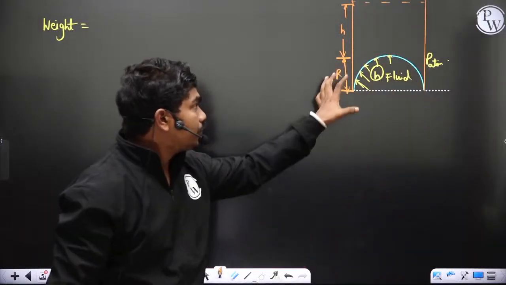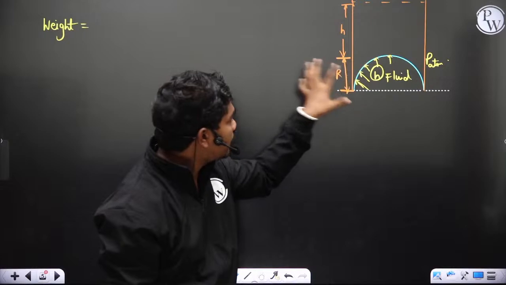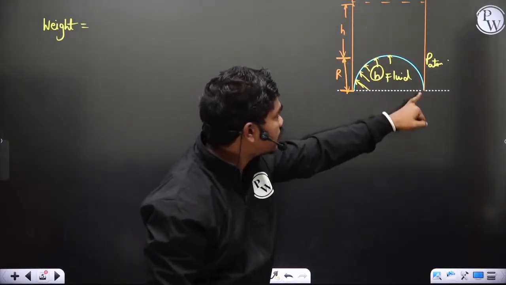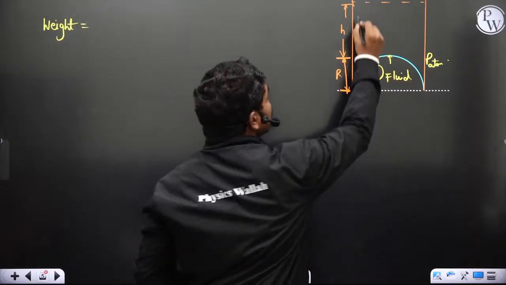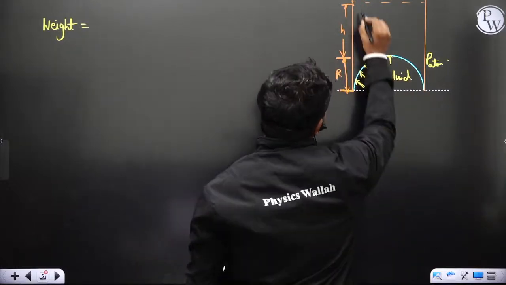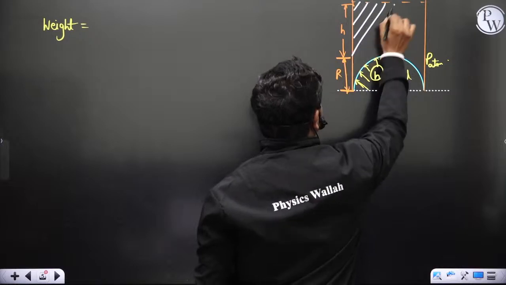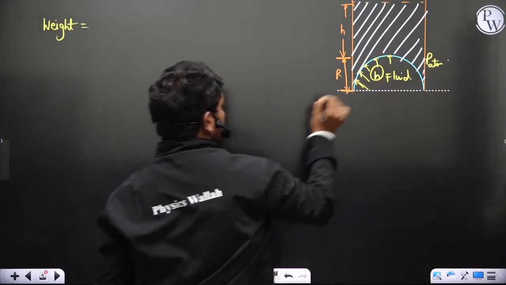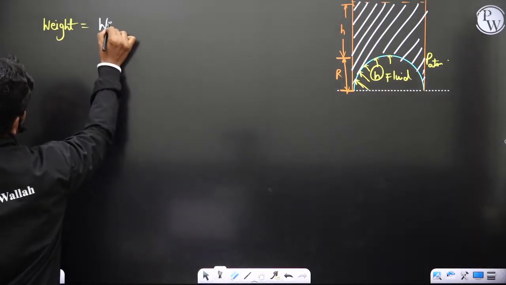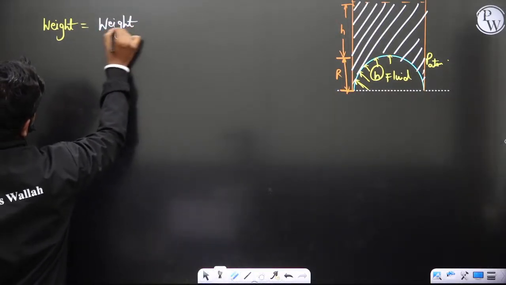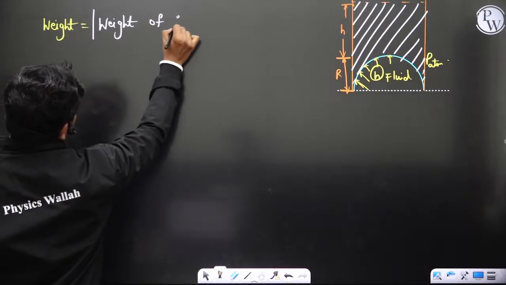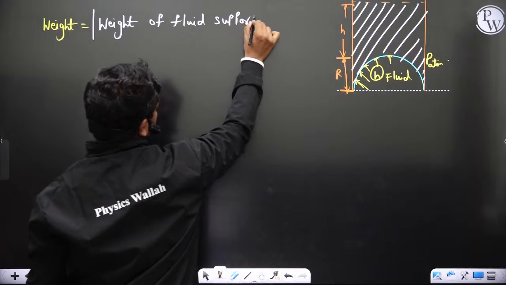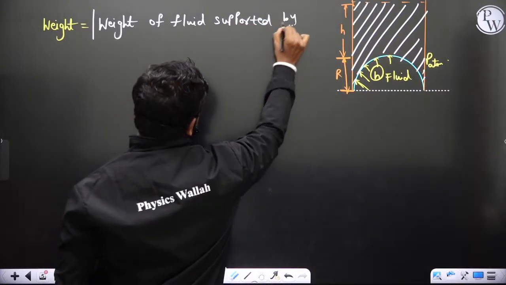Now if this is a hemispherical dome, the weight or the hydrostatic force is equal to the weight of this particular fluid which is supported by this particular dome, correct? So if you hatch it, it is equal to the magnitude of weight of fluid supported by the hemispherical dome.